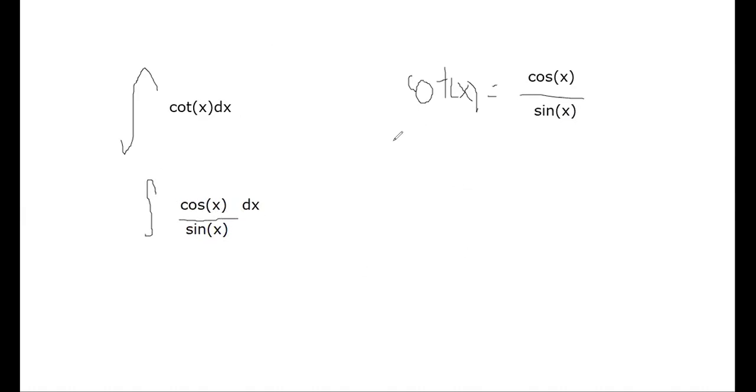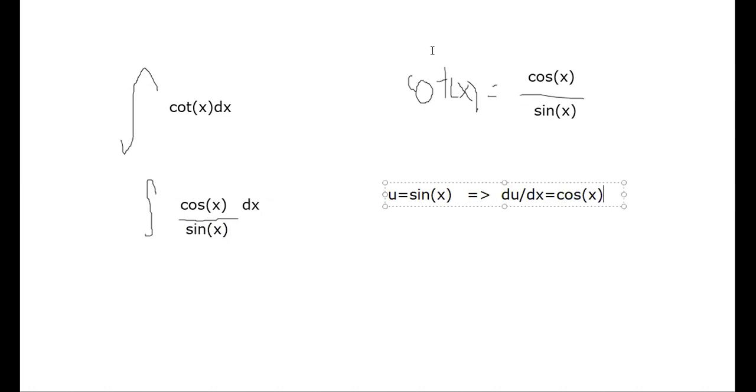So what we're going to end up with here is we once again have a denominator that has its derivative in the numerator, and the denominator is otherwise left alone. So here, we could just say u equals sine of x, and that tells us that du dx is equal to cosine of x.